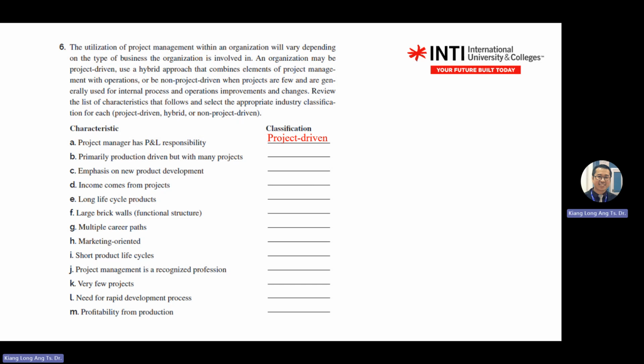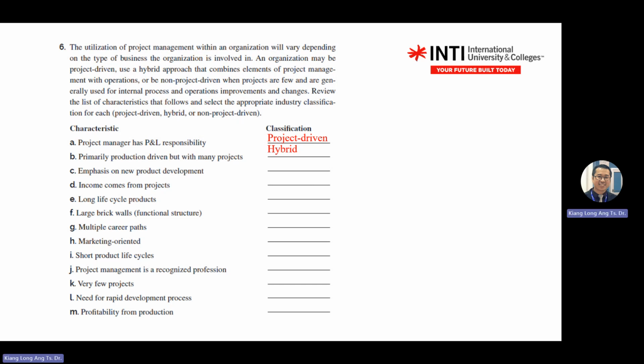Primarily production driven but with many projects: production driven means non-project already, production means functional, but many projects, so it's hybrid. It's like playing the scale, either this side or this side. If it's in the middle, it has both.